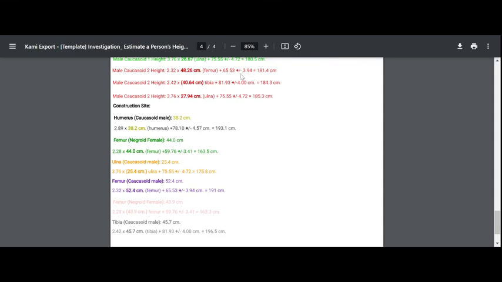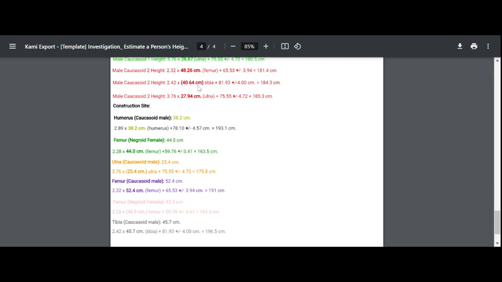I chose to add to make it closer to the actual height, and we get 181.4 centimeters, okay?